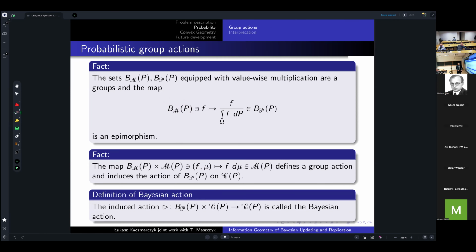And this, as I mentioned before, induces the group action of the P almost everywhere bounded functions with bounded inverse, with expectation, whose L1 norm is equal to 1, on the simplex of probability measures that are absolutely continuous with respect to P and whose densities with respect to P are L infinity.